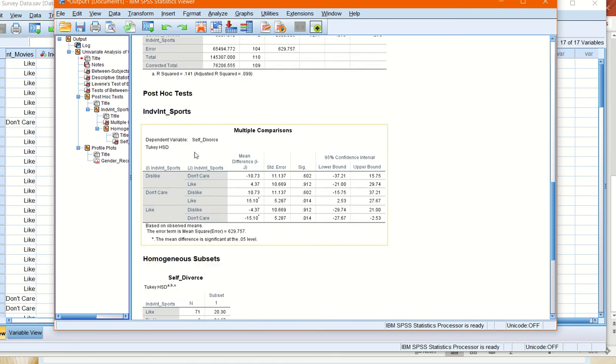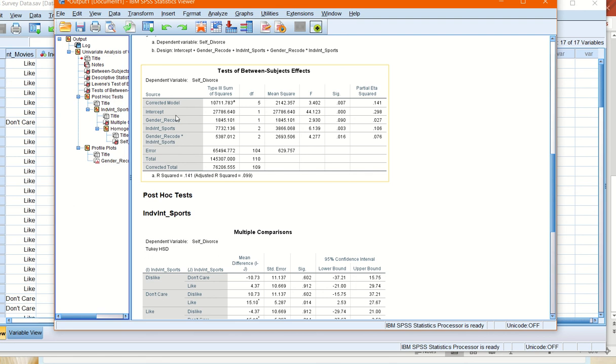And if you come down here, this is the post hoc tests for the individual sports, which are essentially t-tests to compare. A t-test obviously is, you know, you're looking at a group of only two. So when you're doing a t-test, you're looking at one group compared to the other, which essentially is here for the gender recode.